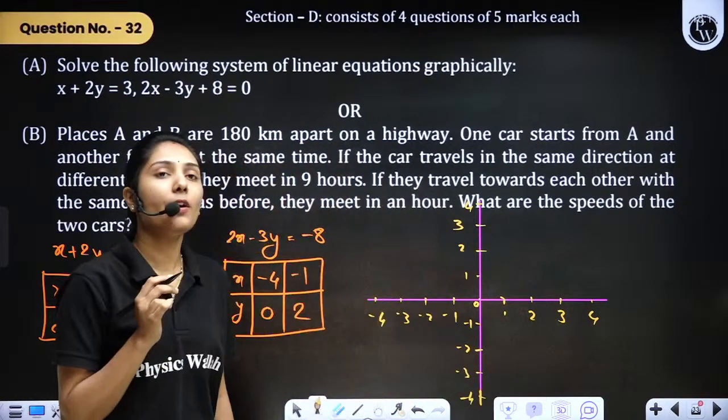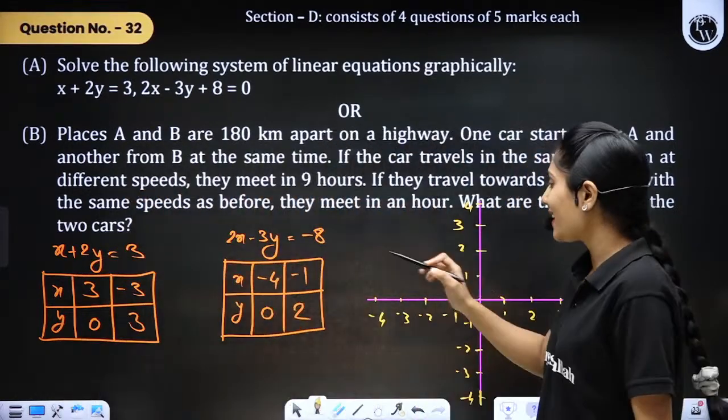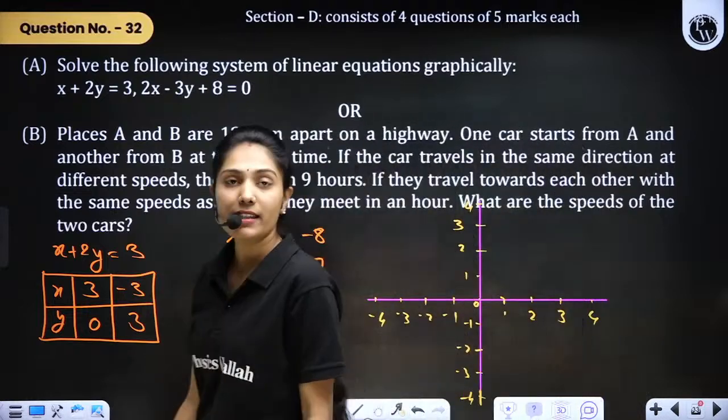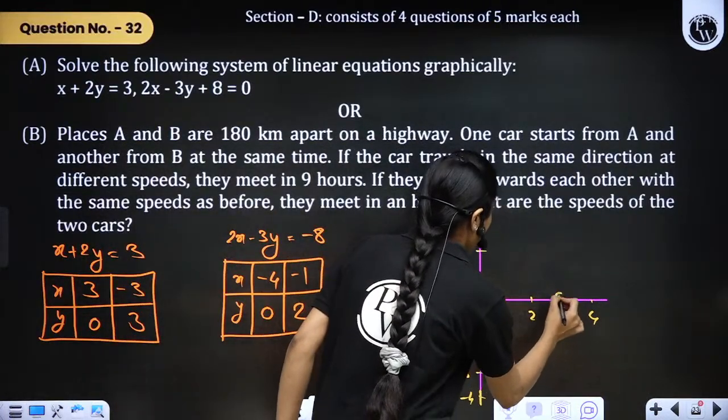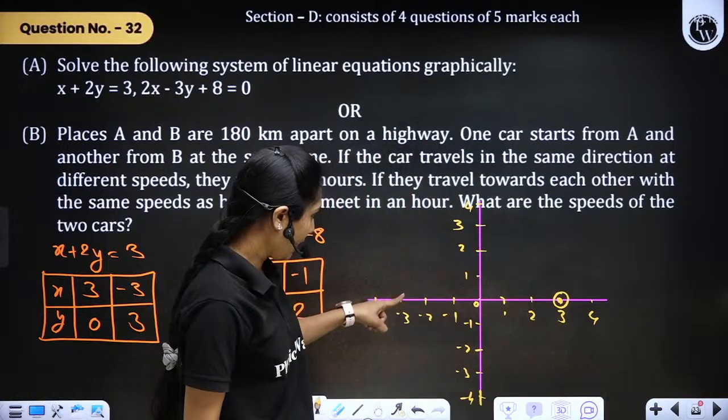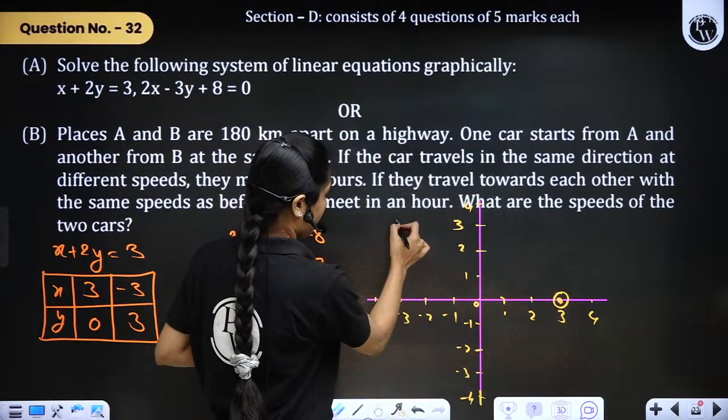Okay. So for the first equation, the coordinates are 3, 0 and minus 3, 3. Okay, 3, 0 and minus 3, 3. Somewhere here.